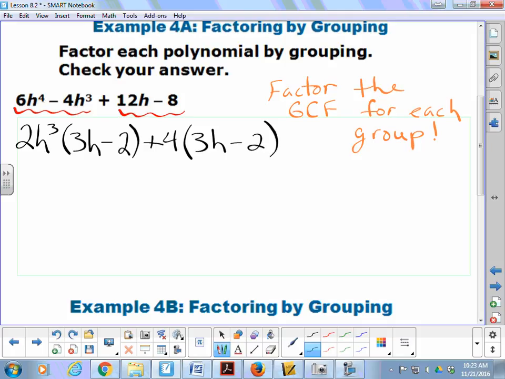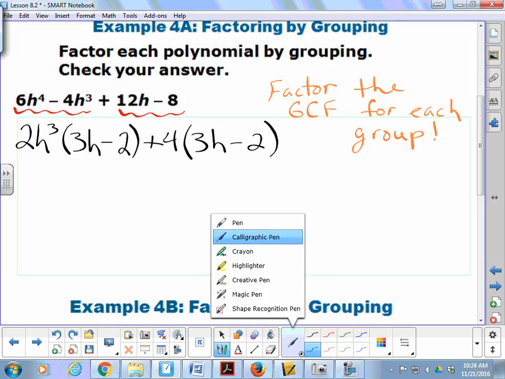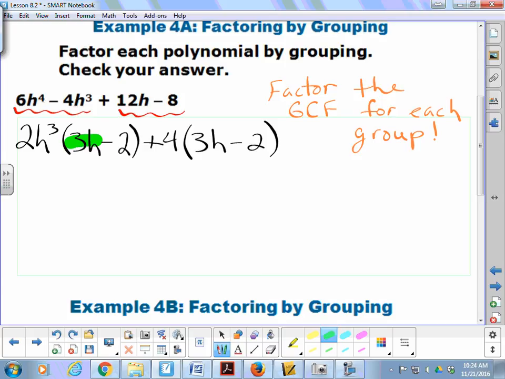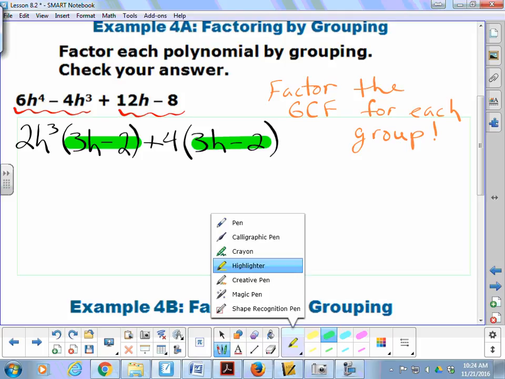Now, if you've done this right, guess what's going to happen most of the time? These two are going to be the same, unless you made a mistake. So if they're not the same, you should double check to see if you made a mistake.